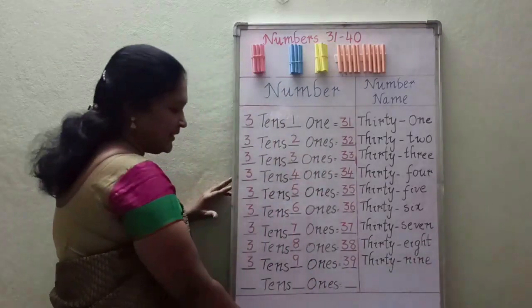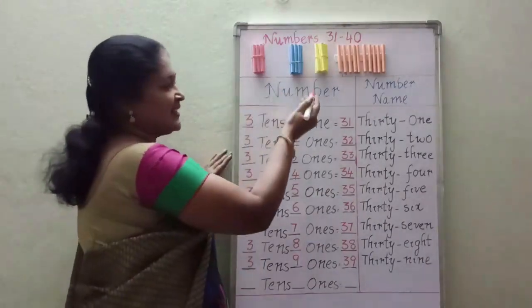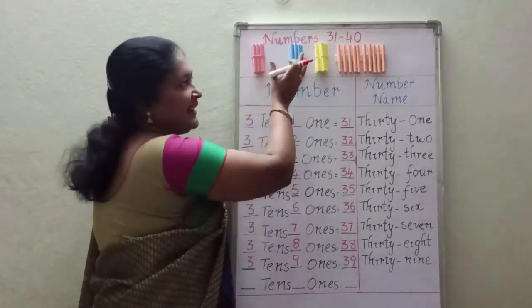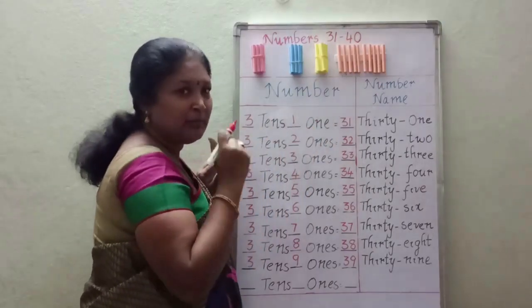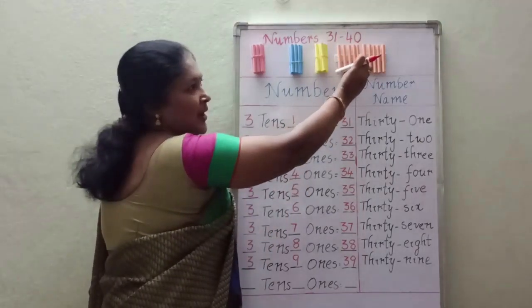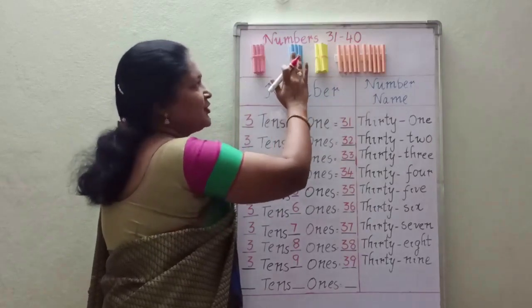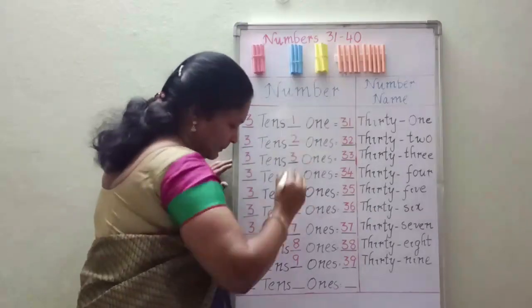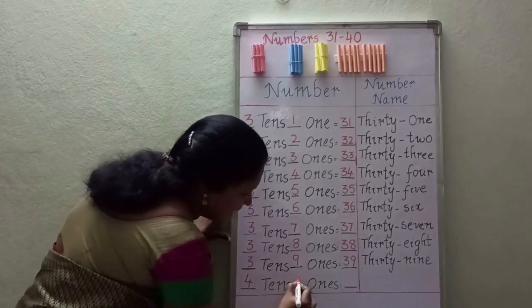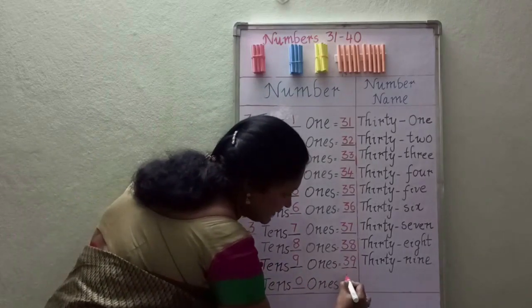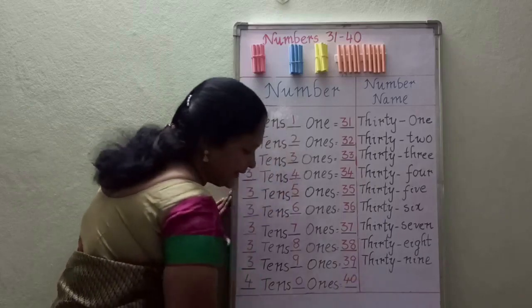NINE, 9. 39. And the next one, see children, here 3 tens are there and here 10 ones became another bundle. So this is 1 ten. So 1, 2, 3, 4. So here 4 tens and 0 ones. That is 40.